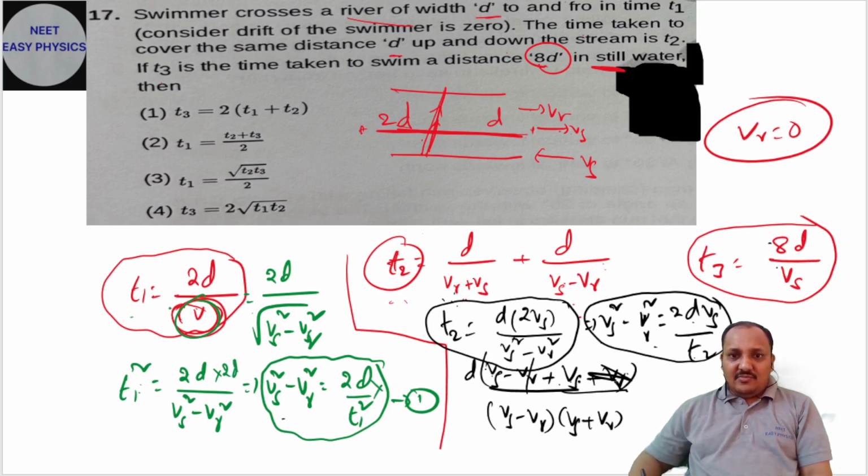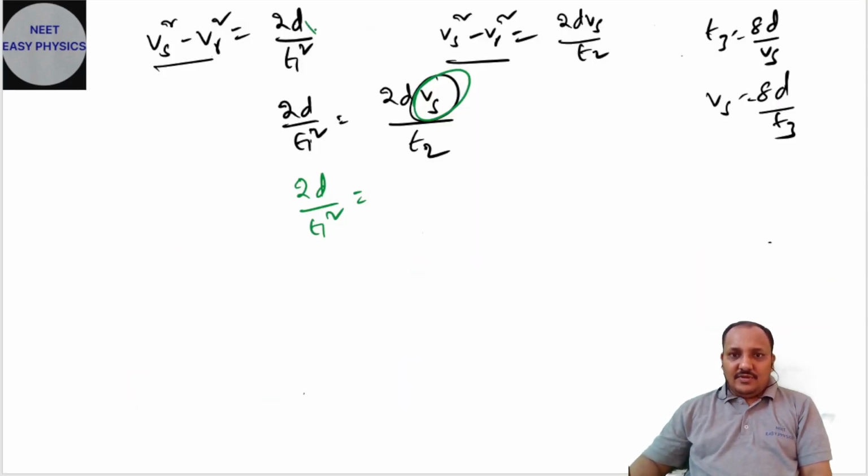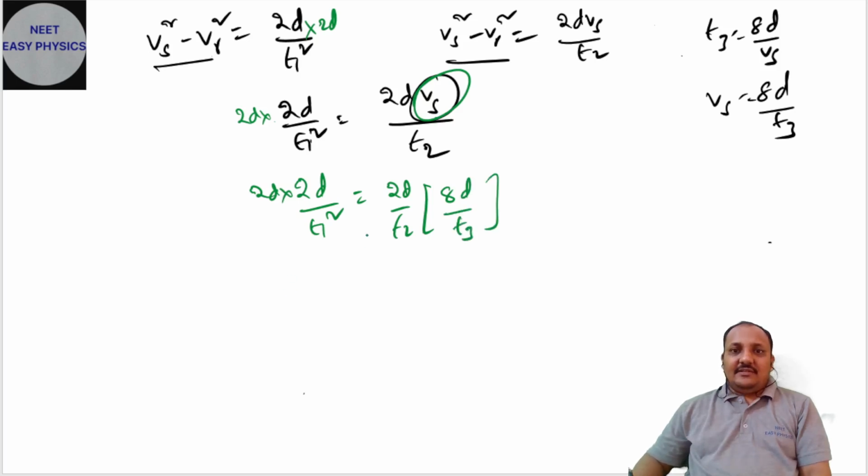We are squaring on both sides, 2d into 2d, 4d square. Because squaring we did, we forgot to write another 2d. So 2d into 2d by t1 square equal to 2d by t2 into Vs, and Vs is going to be 8d by t3.